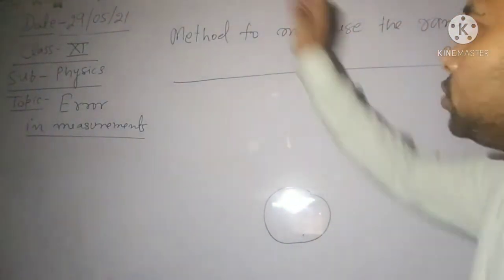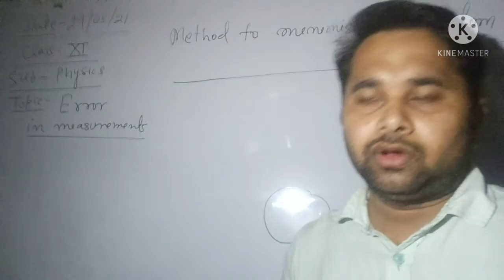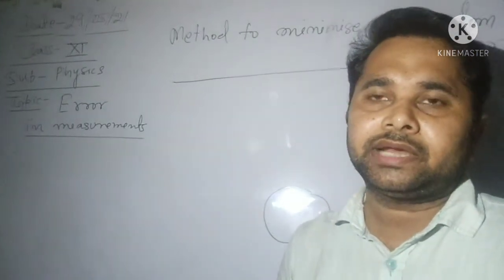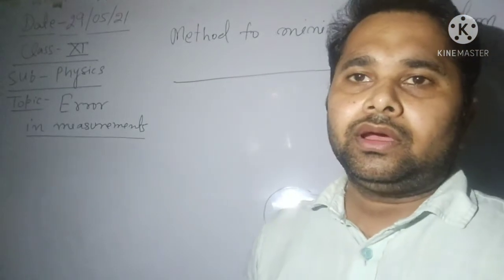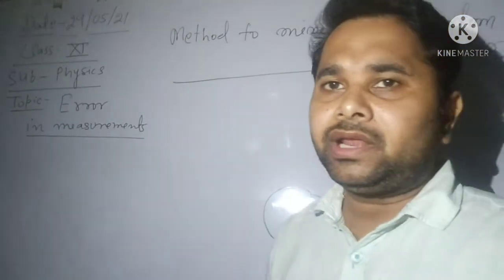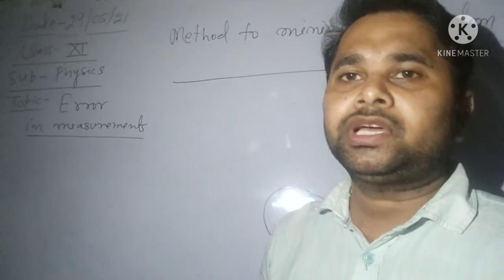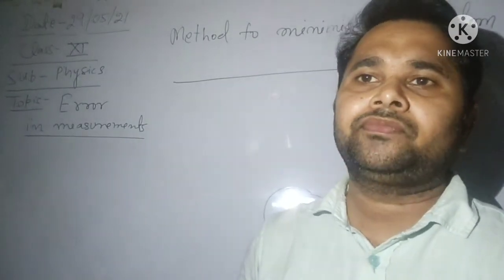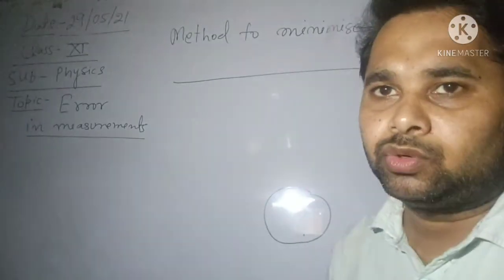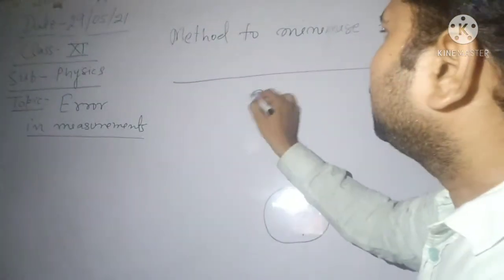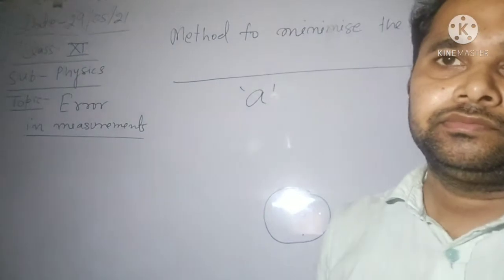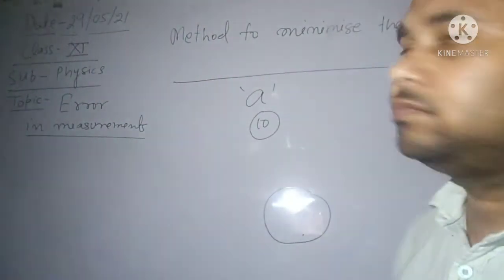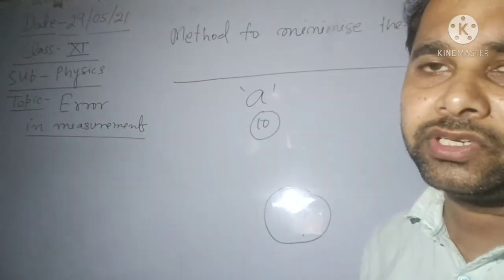Okay, so there is a normal law. I am repeating again, there is a normal law of random error which says that the occurrence of positive error and negative error are the same. In the random error, suppose you are performing an experiment to get the value of quantity A, and suppose you have taken 10 observations.